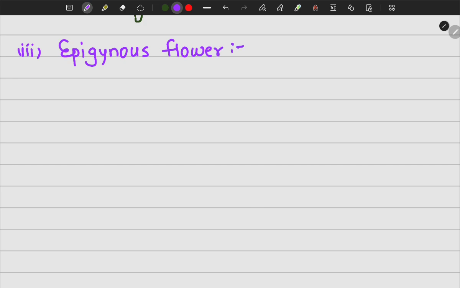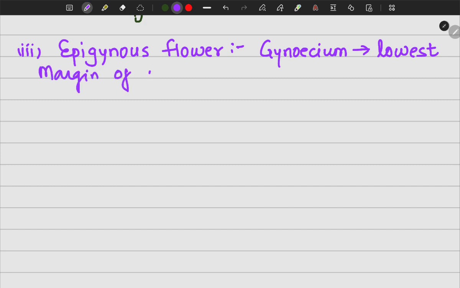Now what happens in epigynous flower? The gynoecium is at the lowest position. Alright, the gynoecium is at the lowest position, while the margin of the thalamus grows upward and covers the entire ovary.